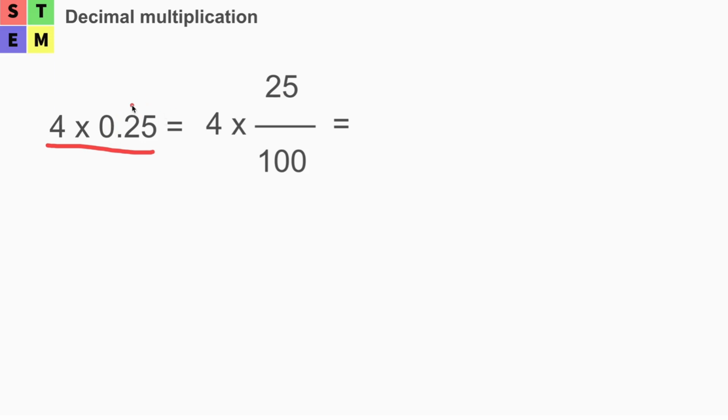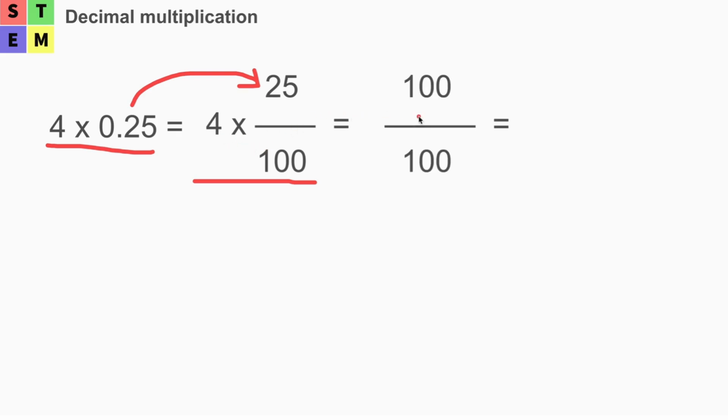So 0.25 equals 25 over 100, right? And how can we calculate this? I've mentioned in my previous multiple videos that you can take a look at that. Otherwise, it equals 100 over 100. Okay, so 100 over 100 equals 100 divided by 100, which equals 1.